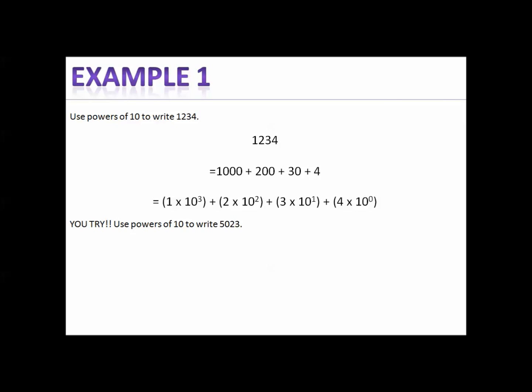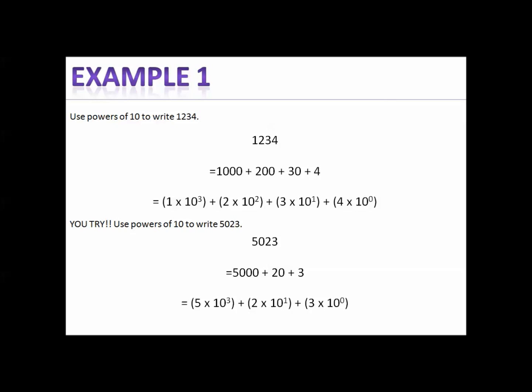Break it down as I did for 1,234. So you get 5,000 plus 20 plus 3. Now we know that 1,000 can be written as 10 to the 3. In this case, we have 5,000s. So we write 5 times 10 to the 3.